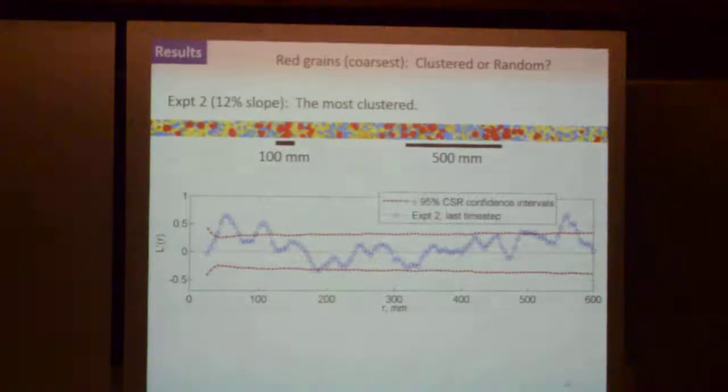But I certainly agree that the sidewalls can influence things. I didn't see large scale destabilization against the walls during the experiments.